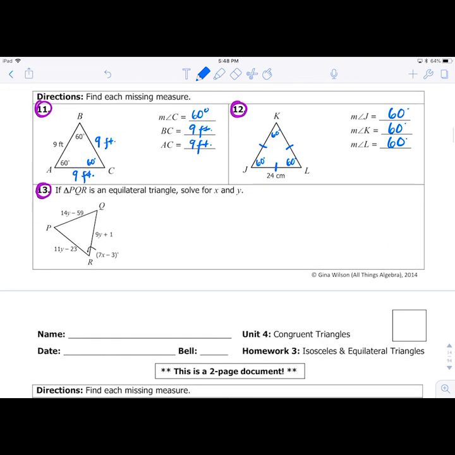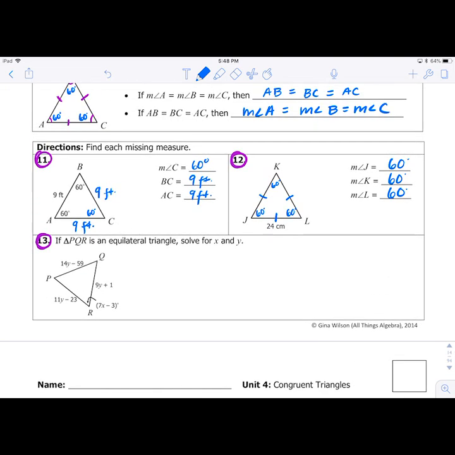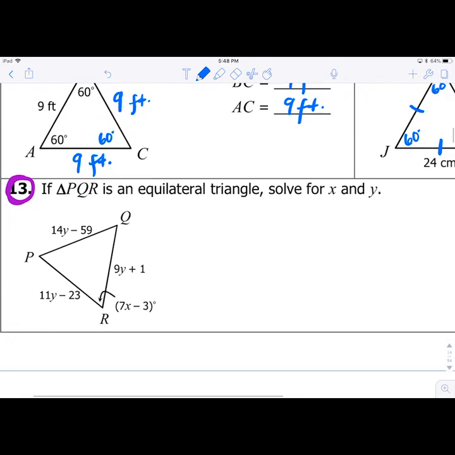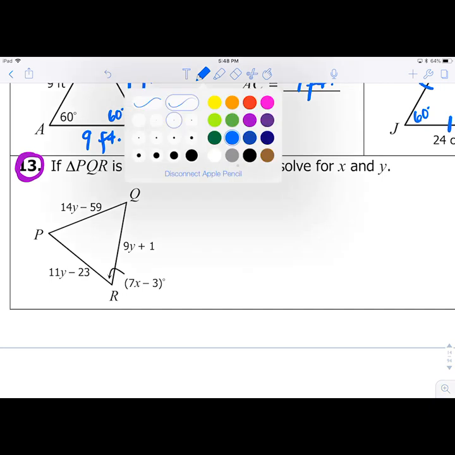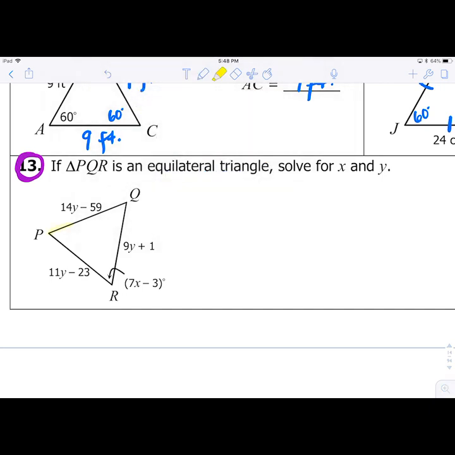And finally, 13. If triangle PQR is an equilateral triangle, solve for x and y. Well, here's what I know. I know that triangle PQR is equilateral. So I could set any of these expressions that I'm highlighting in yellow right now equal to each other and still get the same answer for y.